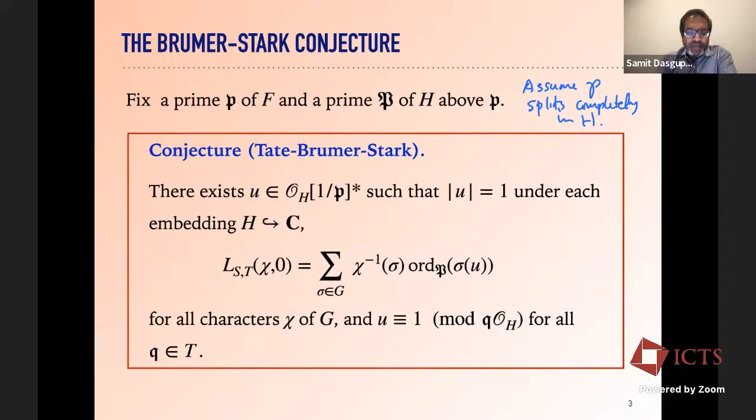Now the left-hand side of this equation depends on T in some way, and so the unit U has to depend in some way also on T. And the condition there is U is congruent to 1 modulo all the prime ideals living above those in T. Okay, so that's this condition here. You might ask, what's the purpose of the smoothing set, the T smoothing, why you need it?